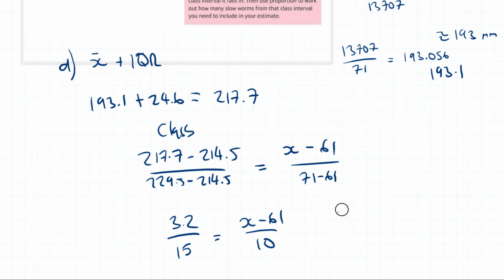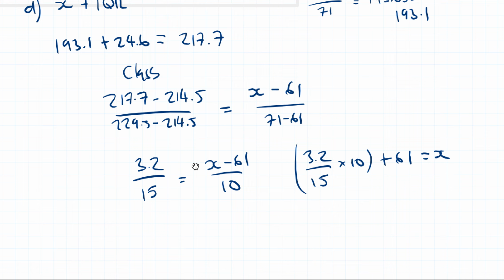And then from here we just rearrange. So 3.2 over 15 times 10 plus 61 is equal to x. And this gives you your value. So 3.2 divided by 15 times 10 plus 61 gives an answer of x equals 63.13.